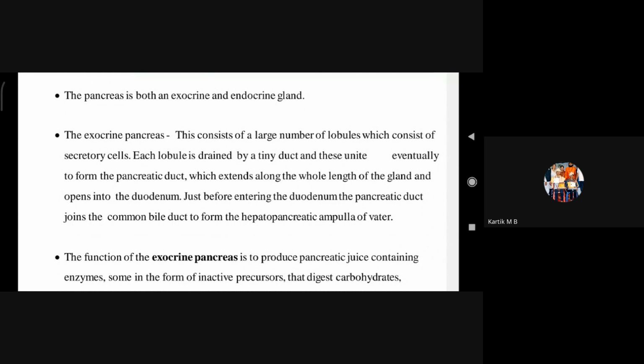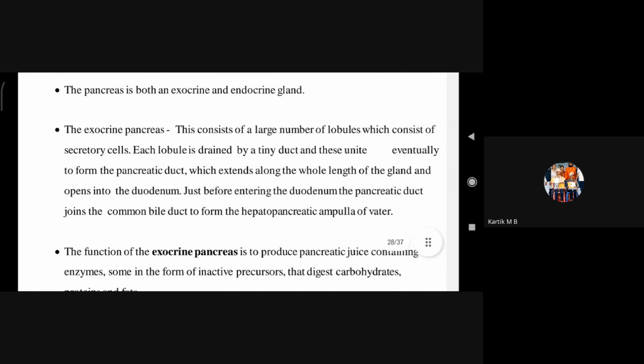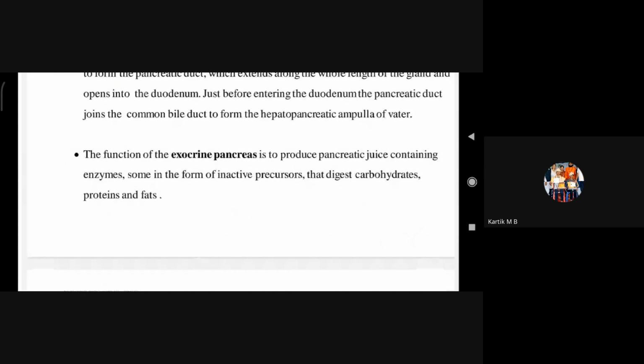So in that duct, bile juice is there, produced by the liver and released by the gallbladder, and pancreatic juice is also there. Now, the function of the exocrine pancreas is to produce pancreatic juice containing enzymes, some in the form of inactive precursors, that digest carbohydrates, proteins, and fats.